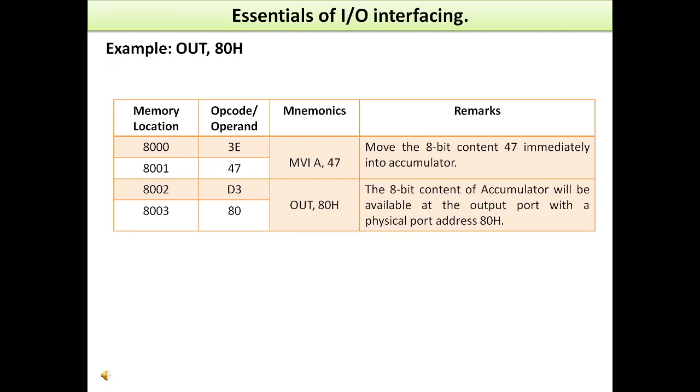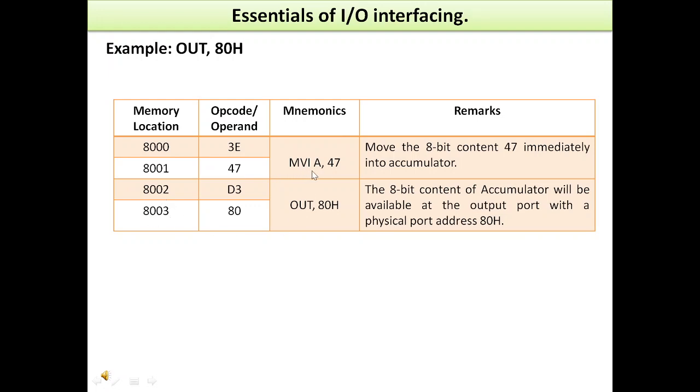Let us try to understand how the instruction works. Let us take an example of the OUT instruction. The example here is OUT 80 hex. Here the 80 hex means the port address. Now suppose we are writing the program across the memory locations 8000, 8001, 8002 and 8003.